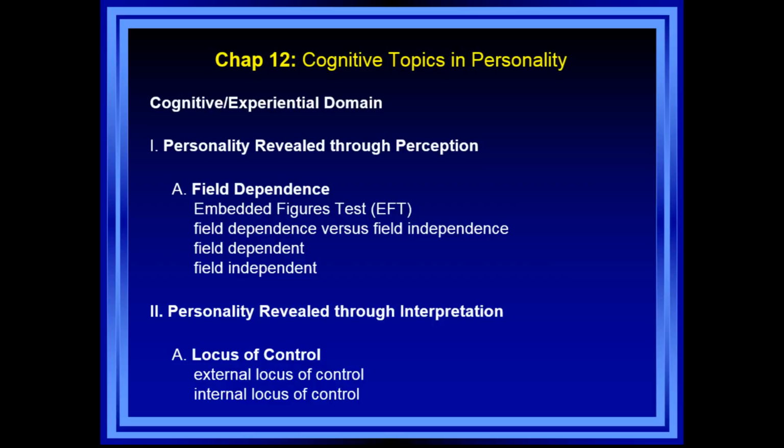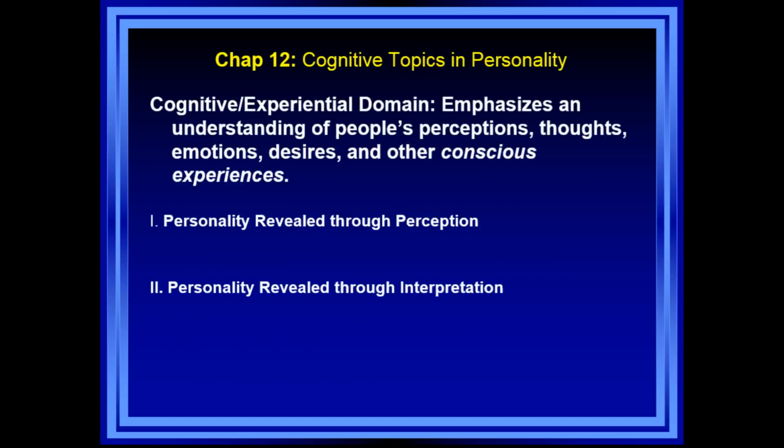This domain emphasizes an understanding of people's perceptions, thoughts, emotions, desires, and other conscious experiences. There we go, definition on your PowerPoint. So we see how these conscious experiences, like our perceptions, our thoughts, our emotions, our desires, tell us about someone's personality in this domain.